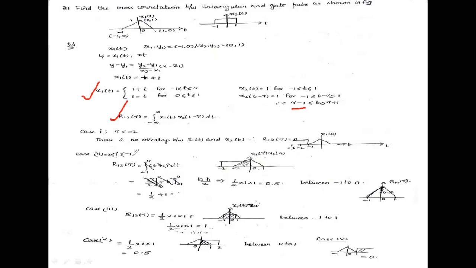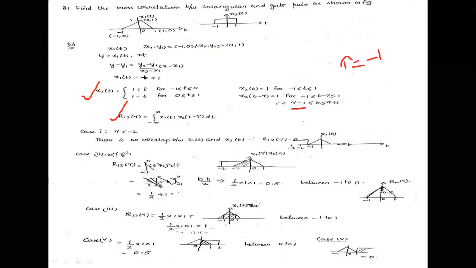And tau is less than minus 1. Less than minus 1 means all of it is a negative value, so now it is shifted towards the range minus 2 to 0. Let us assume in this range that tau is equal to minus 1, my students.